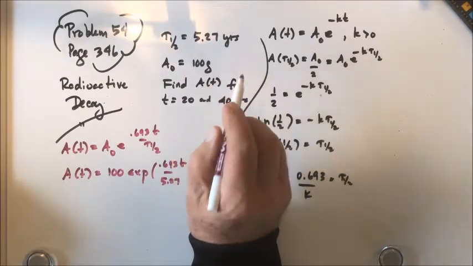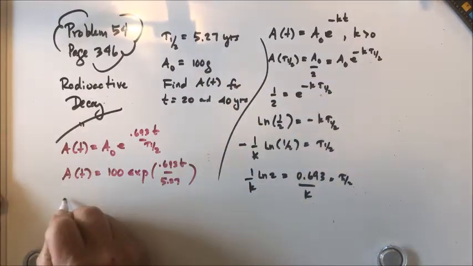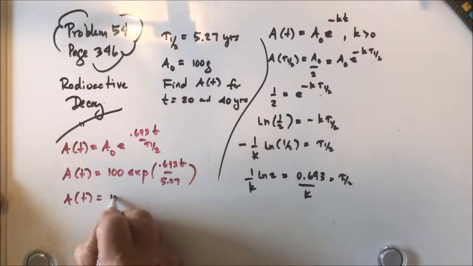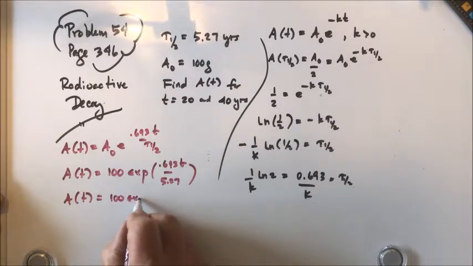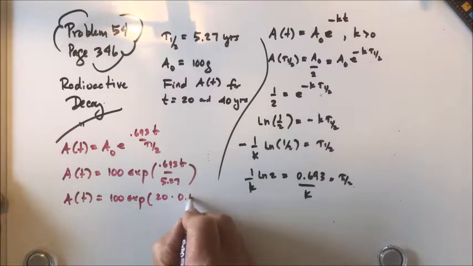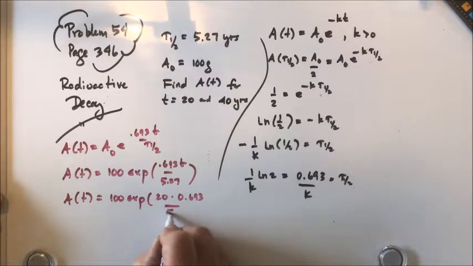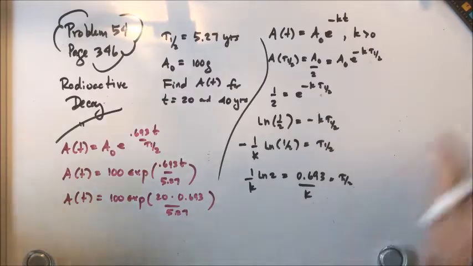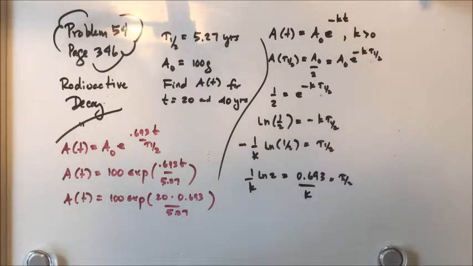Find out what A sub t is when t is equal to 20. So we've got A sub t is equal to 100 e to the 20 times 0.693 all over 5.27. I've got to get out the calculator here and go 20 enter, times 0.693, divide by 5.27. I'm going to store that right there.